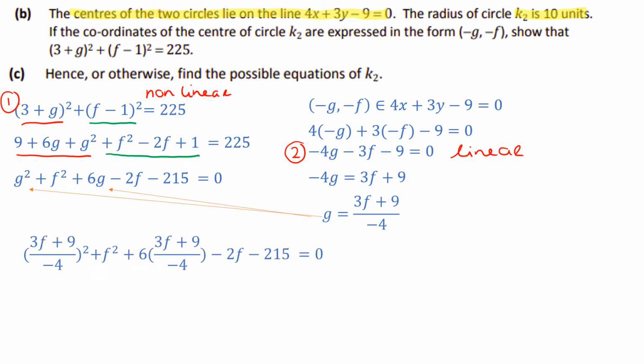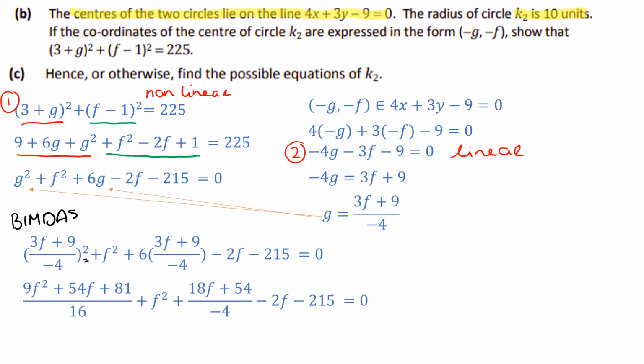So I'm going to have to work through this equation. Remember BIMDAS, and this is something that I know is quite an old idea, but you need to do these indices before you multiply out, which basically means you need to expand that bracket before you get rid of the fractions. That's a really common error. So to square a fraction, you square the top and square the bottom.